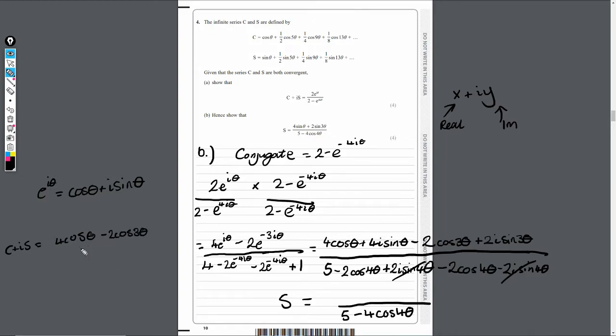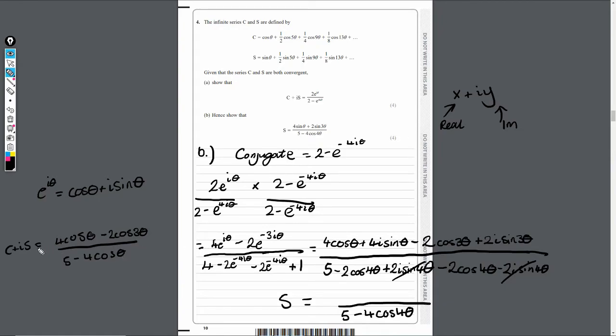Okay, that's my real part, over 5 minus 4 cos 4 theta. And I've also got the imaginary part, plus, and my imaginary part is 4 sine theta plus 2 sine 3 theta. And it'd be over the same denominator, right? It's just a common denominator.